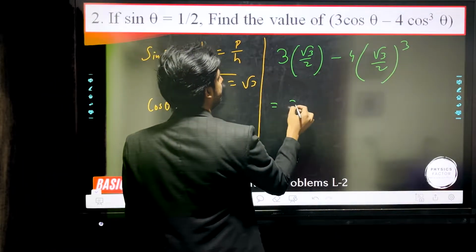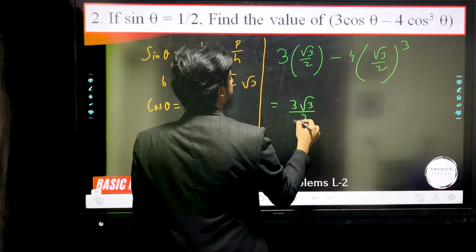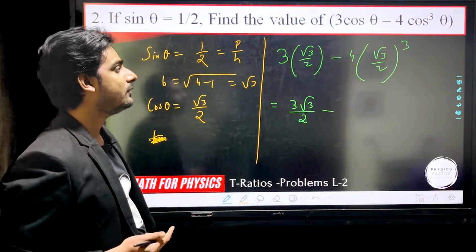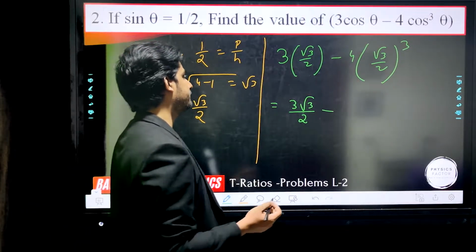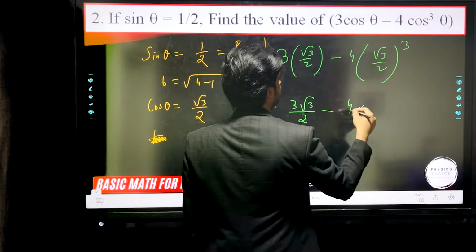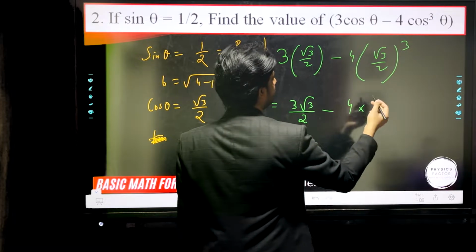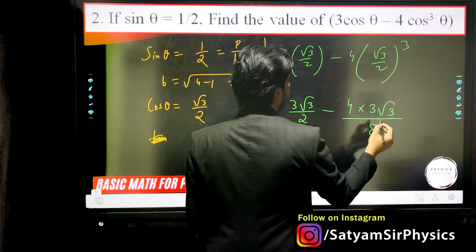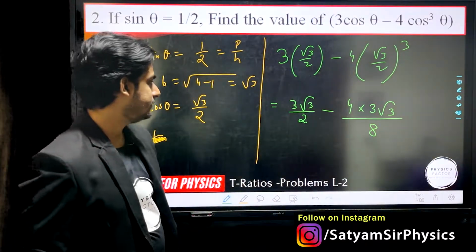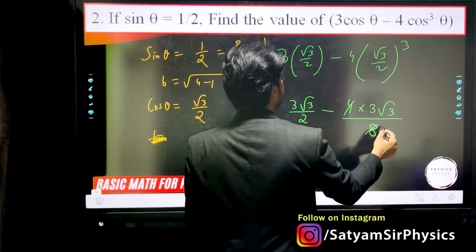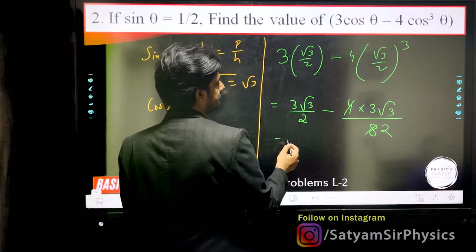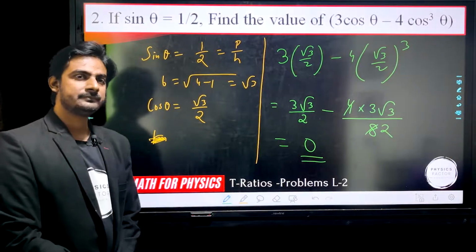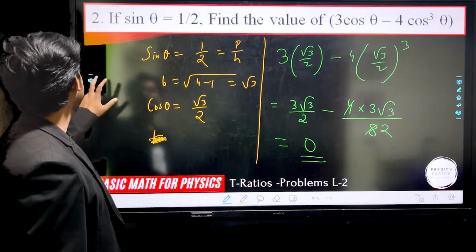So this will be 3 root 3 upon 2 minus 4 into root 3 into root 3 is 3, and 3 into root 3 is again 3 root 3. So this I will write 3 root 3 upon 8. Alright, so this becomes 2 and I think it gets cancelled. So answer is 0. So answer for this question is 0. Alright, so that's the solution for question number 2.